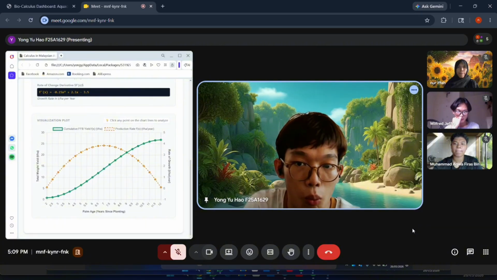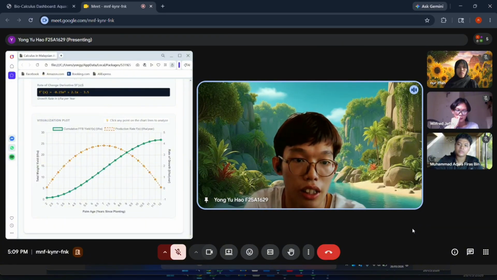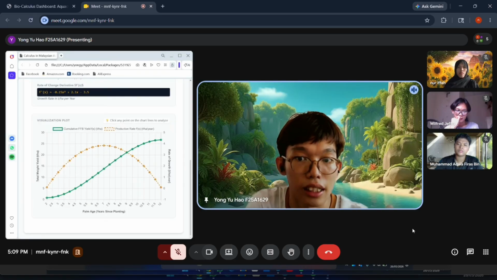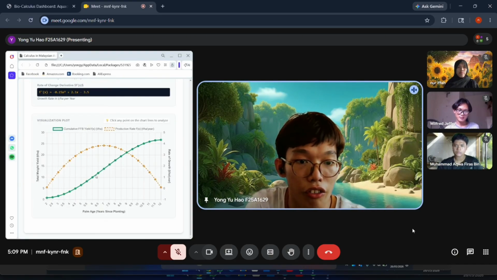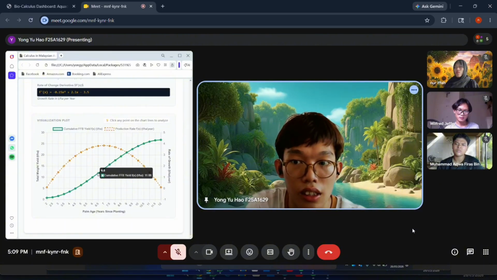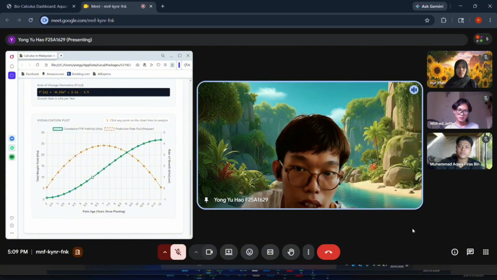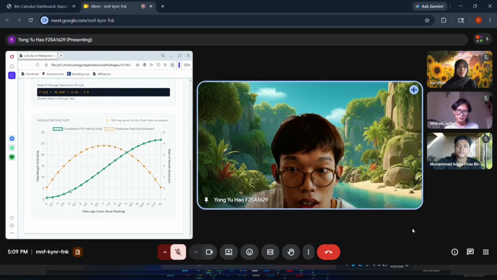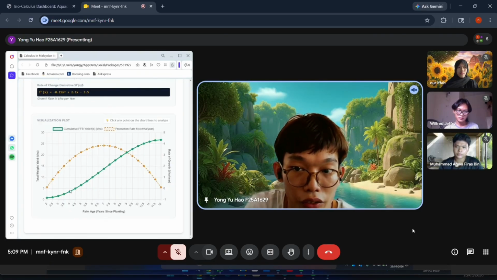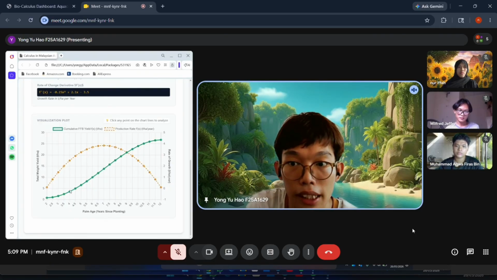When users click on a point in the graph, the system explains the meaning of that year. For example, below 4 years old, the derivative value is low, meaning that the plants are still young and growing slowly.